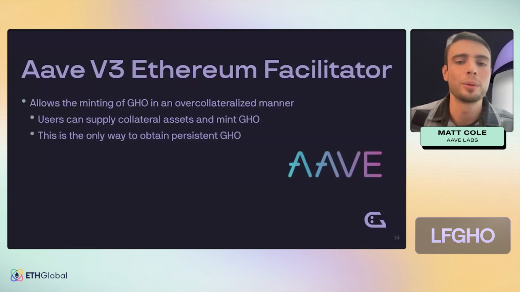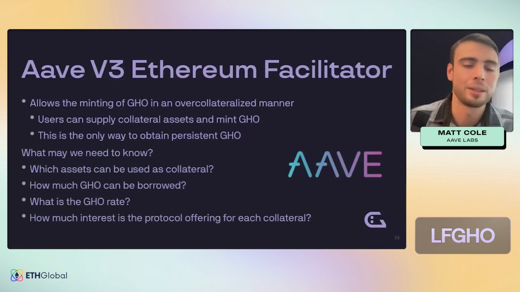It might be important to inform whether this is a good financial decision for a user. If I deposit to Aave, how much yield am I going to get? What's the borrow rate, or what's the fee to mint Go and hold on to that debt? These are all questions that are very important.